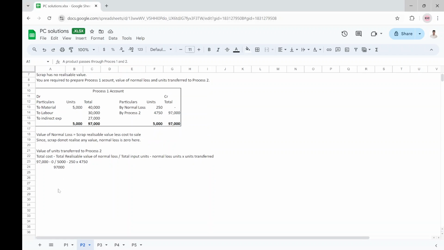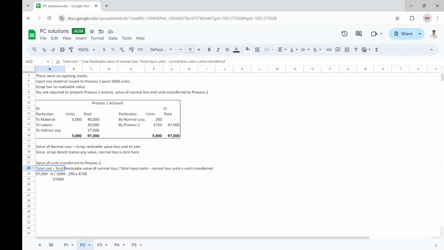Okay, yeah, that was not necessary, but this formula I think is hard to remember: total cost minus total realizable value of normal loss, by total input units minus normal loss units, into units transferred. So here it will be 97,000 minus 0, by 5,000 minus 250, into 4750. So 4750 and 4750 will be cancelled out.